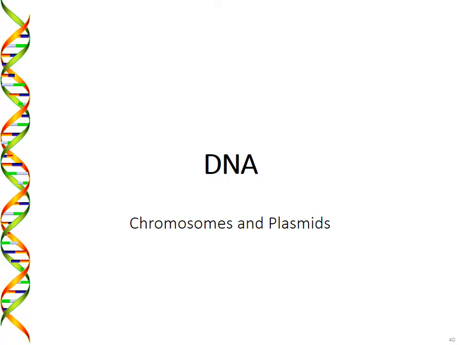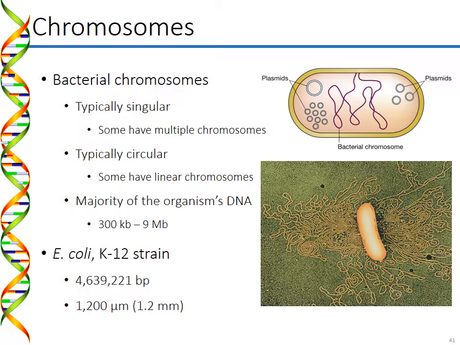So now let's take a brief look at the organization of DNA into chromosomes and plasmids. Here we're discussing primarily bacterial chromosomes. Obviously, the eukaryotic genome is organized into very different types of chromosomes.